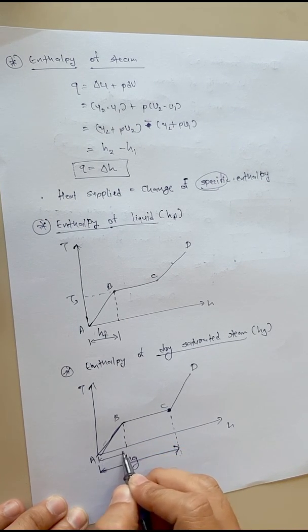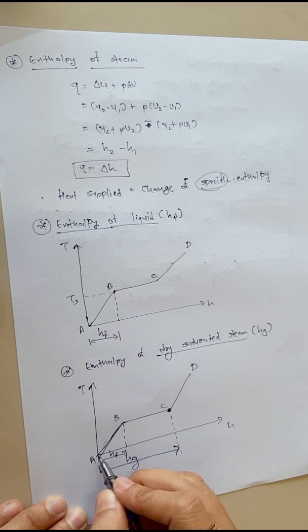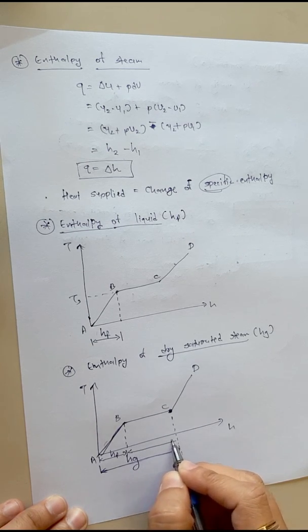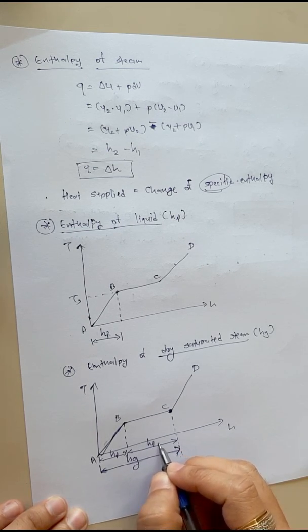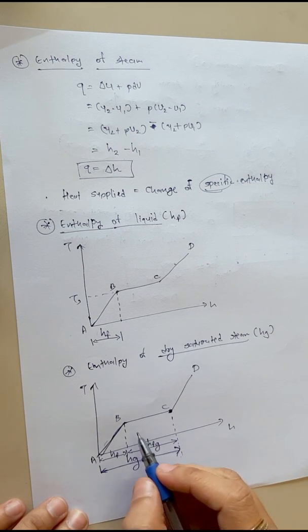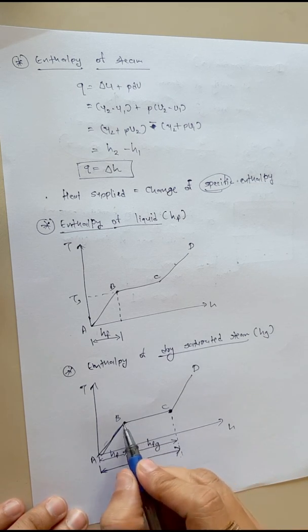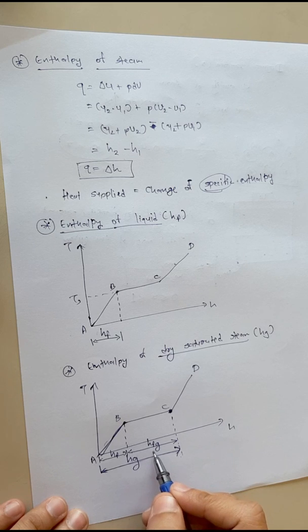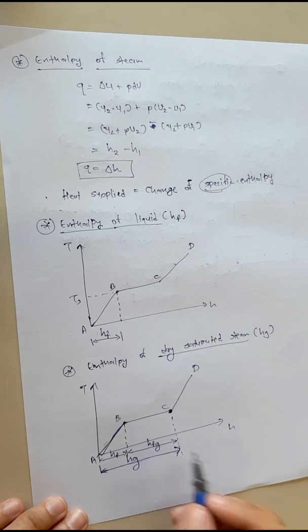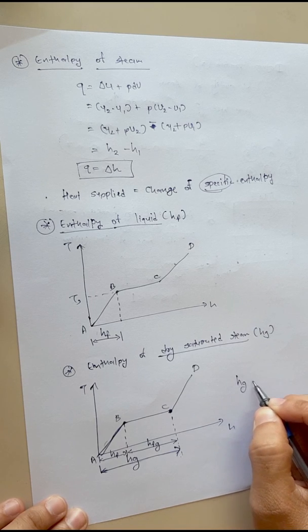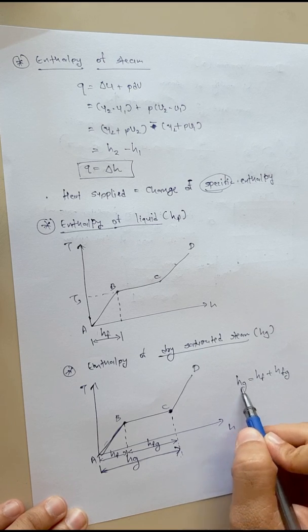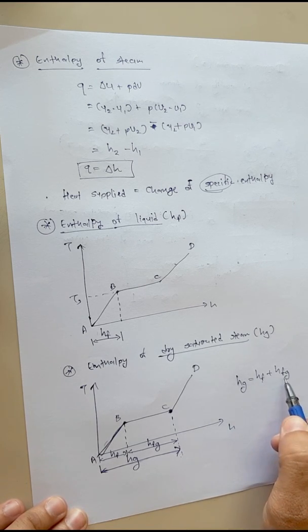The first portion is hf, the energy required to reach up to point B, and another portion is the enthalpy of evaporation, hfg. The amount of heat required to change the phase completely from point B to point C is known as enthalpy of evaporation, denoted by hfg. So we can write hg is equal to hf plus hfg. Enthalpy of dry saturated steam is equal to enthalpy of fluid plus enthalpy of evaporation.